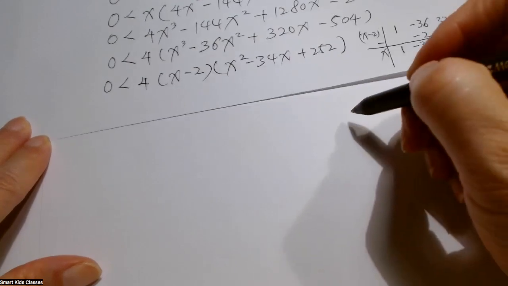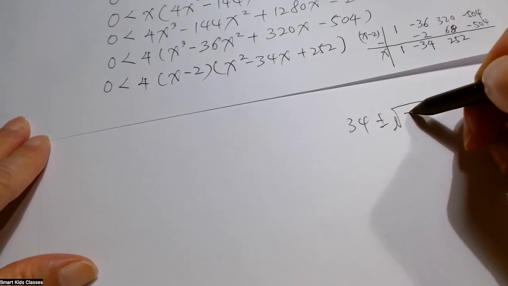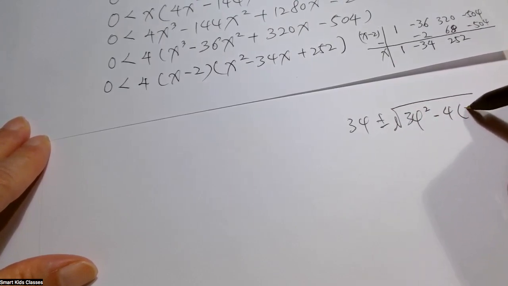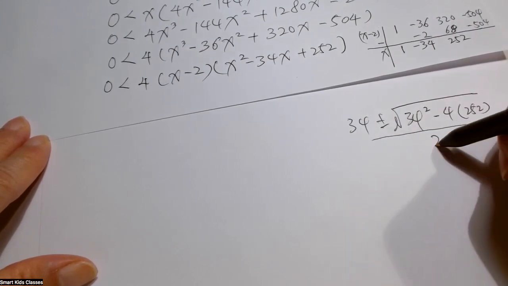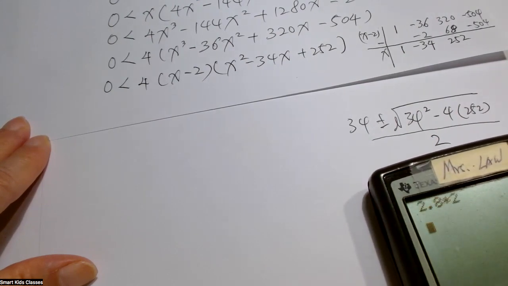So I'm going to put 34 here, or minus 34 squared minus 4 times 252, to see if we can get a real root. We use a calculator. 34 exponent 2 minus 4 times 252, we got 148. It works, so 148 is a real root.